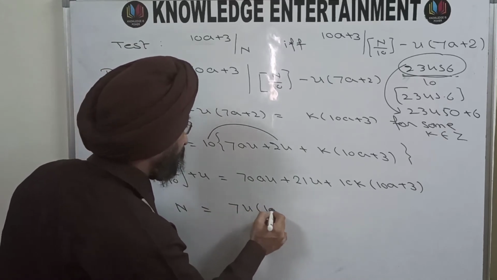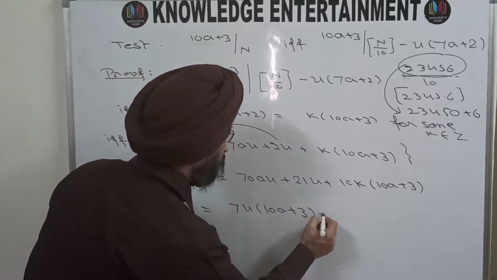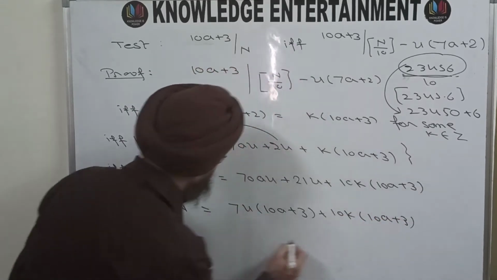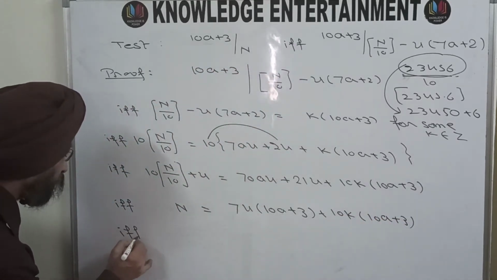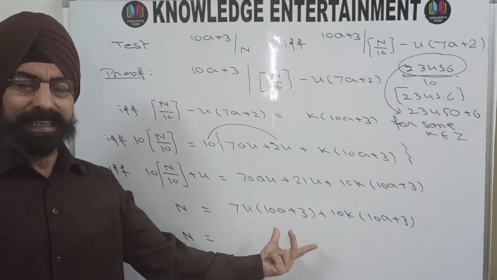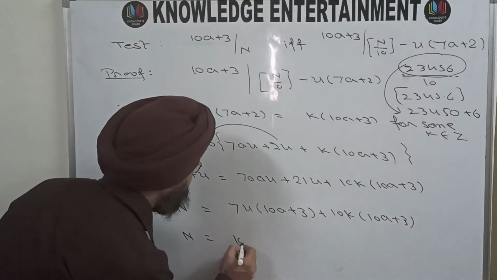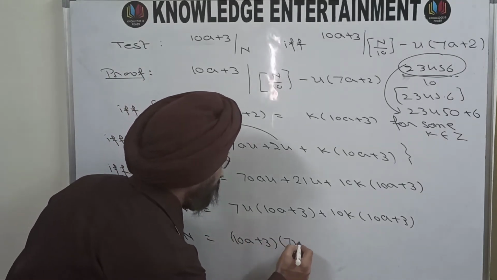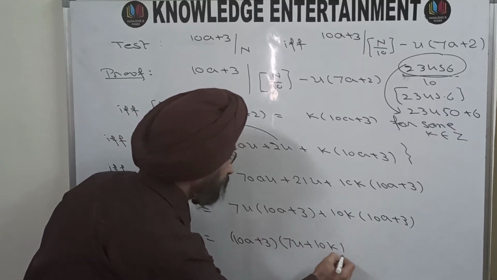So you can take 10a plus 3 plus 10k times 10a plus 3 if and only if your n is equal to. Now you can factorize the right hand side very easily. It is 10a plus 3 multiplied by some integer 7u plus 10k.